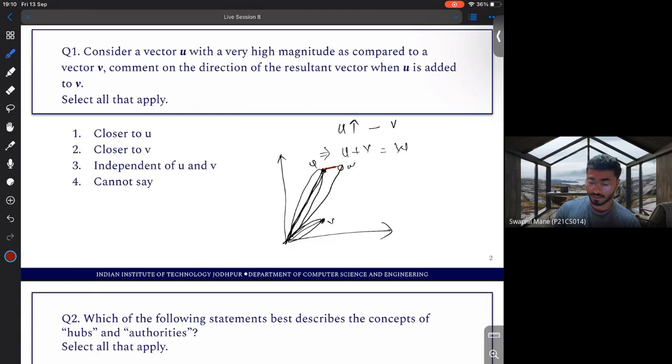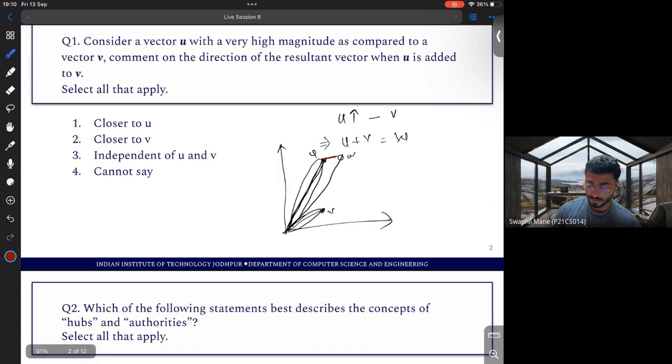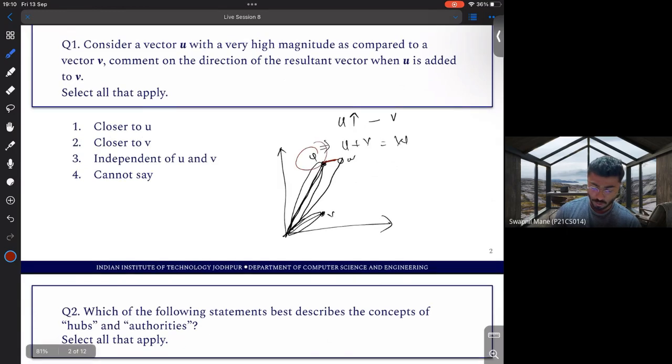When the minimum magnitude is added to the highest magnitude, you will get a vector near the highest magnitude vector, which is u. So the correct option is closer to u, because u has the highest magnitude, so our resultant vector will be closer to u.